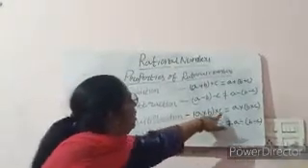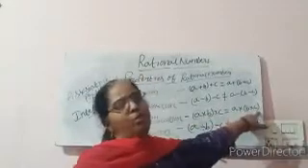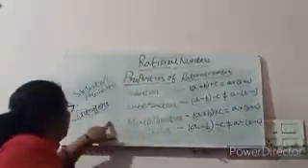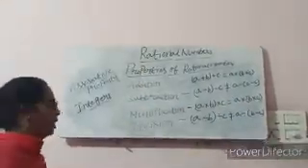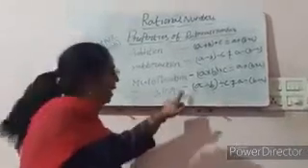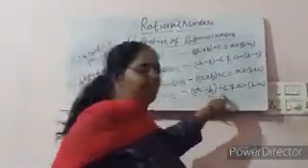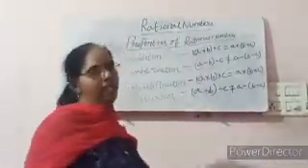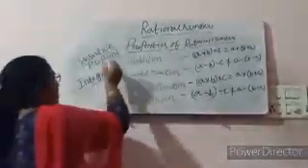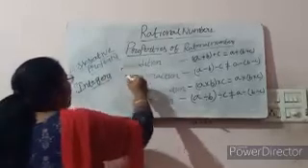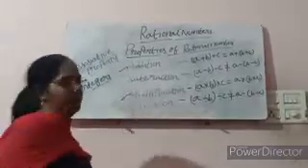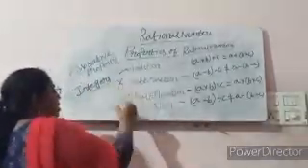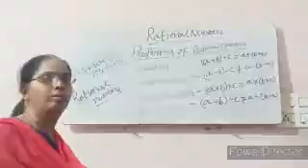(A into B) into C is equal to A into (B into C). So here also the multiplication property is satisfied. Coming to division, (A divided by B) divided by C is not equal to A divided by (B divided by C). So in integers also only addition and multiplication are satisfied, whereas subtraction and division won't be satisfied.